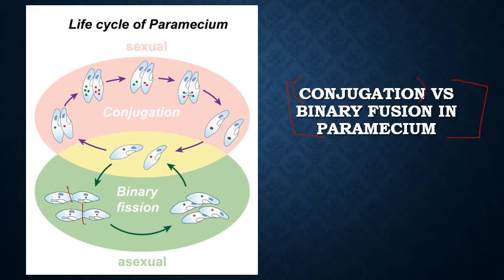Conjugation simply means exchange of genetic material between two organisms. The genetic material is swapped from one to another, so each will have different genetic material compared to the original one. There is a mixing of green with red, so this is the conjugation process.